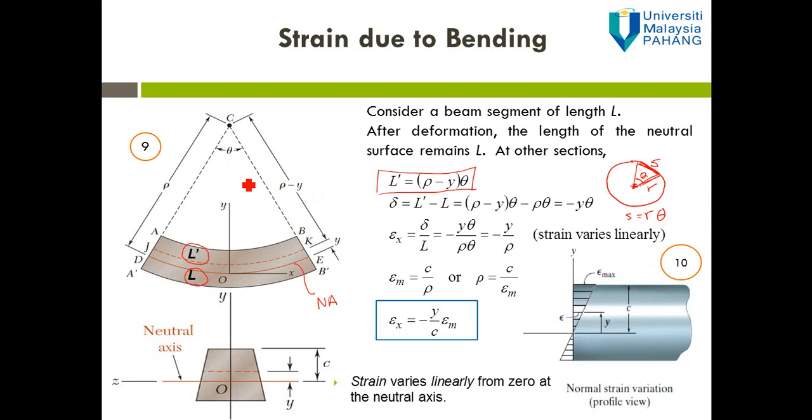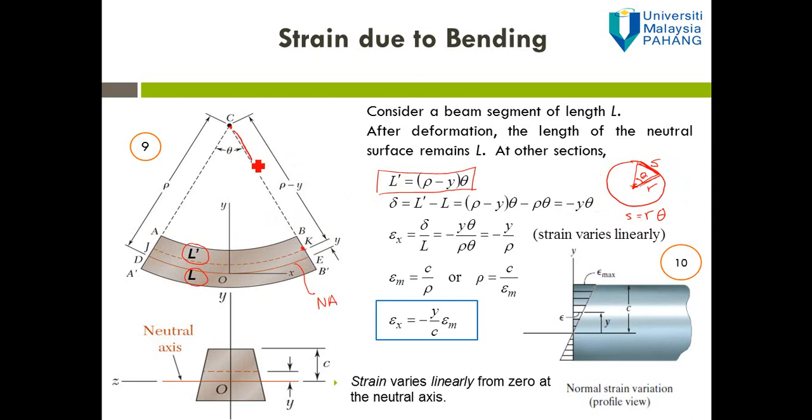The same applies here: L prime is equal to S, and the radius is rho minus y, from here to here.